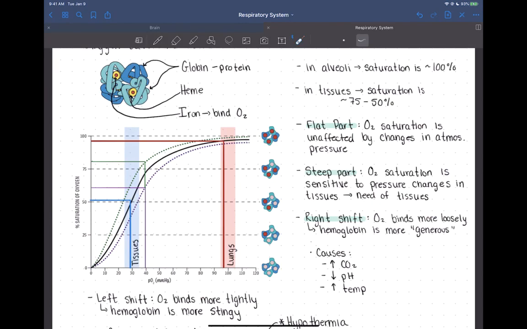If the tissues are a little more in need down here, that takes us closer to 50%. So in the tissues, the oxygen saturation is around 75 to 50%, meaning when the blood goes from the lungs to the tissues, it will give up only 1 or 2 of its oxygens, and it'll still hold on to those other 2 or 3.